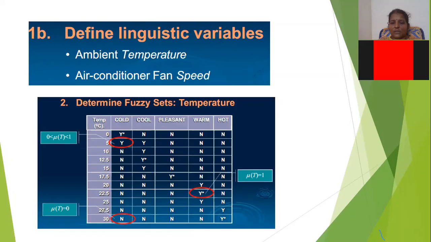So for 5 degrees centigrade, the temperature will be cold. Up to 15 degrees, cool. Similarly, above 20 degrees, warm. Y indicates yes, N indicates no.